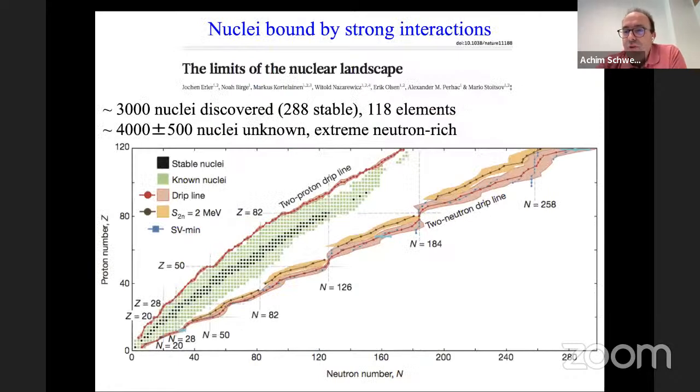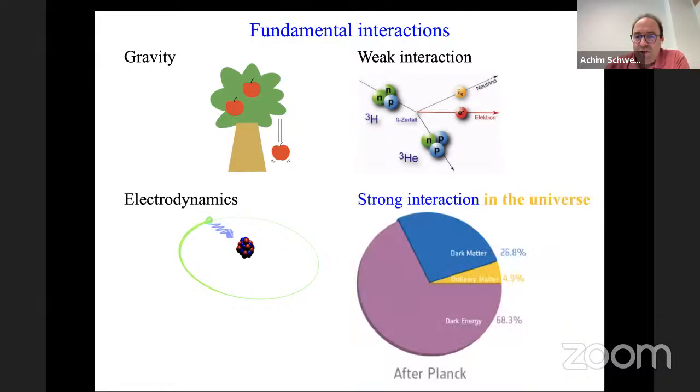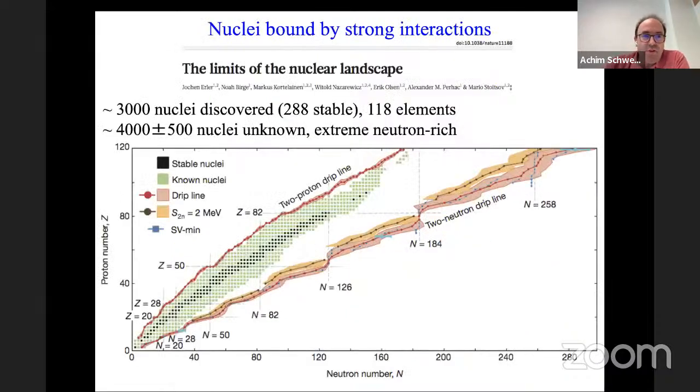I also wanted to show you where we are in terms of understanding nuclei from the ground up. So basically from the step of neutrons and protons that are bound here in the alpha particle, helium-4, where we are in terms of understanding the rest of nuclei. So what is shown here are all nuclei bound by the strong interactions. So they're in what we call the nuclear landscape or the nuclear chart.